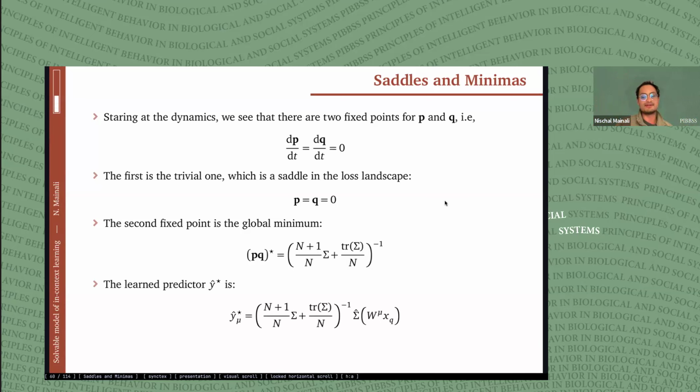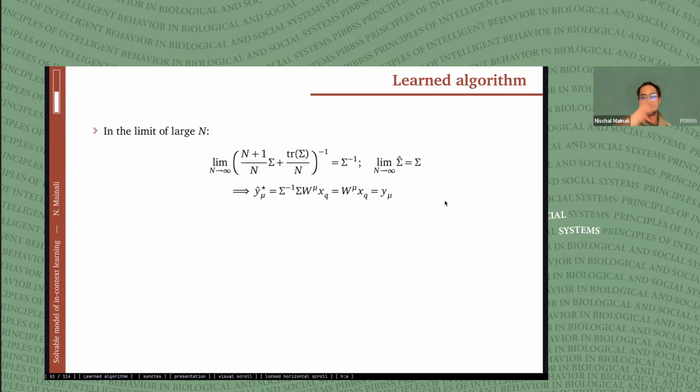And just by looking at it, it's not obvious what it means. But if we take the limit, for example, of large n, where n goes large, meaning that for each example we're showing many, many examples, and we expect the model to do very well. Indeed, this fixed point term at large n limit, as you will see, this is 1, this becomes 0, you get sigma inverse.